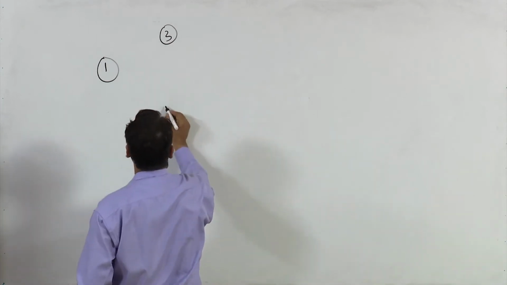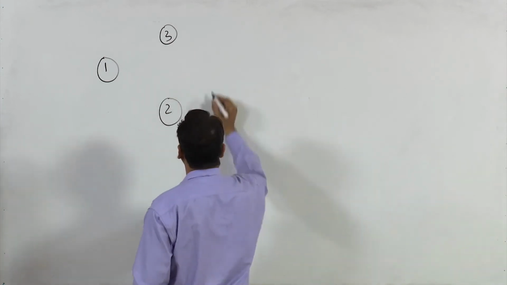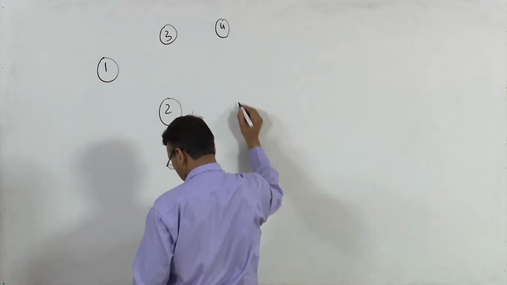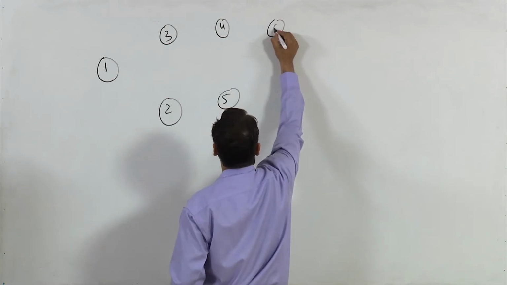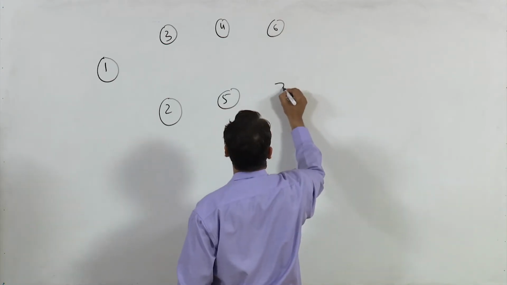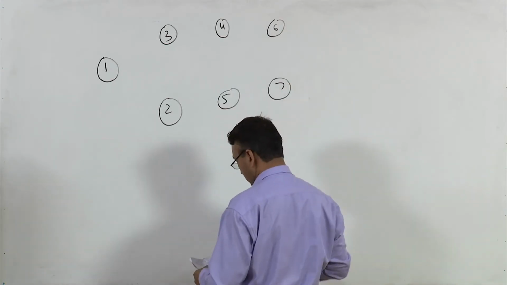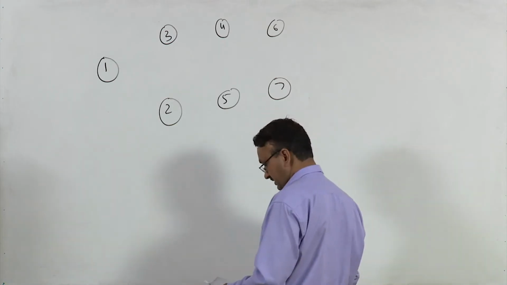This is event number 3, event number 2, event 4, event 5, event 6 and event 7, and this event is the last event, right.